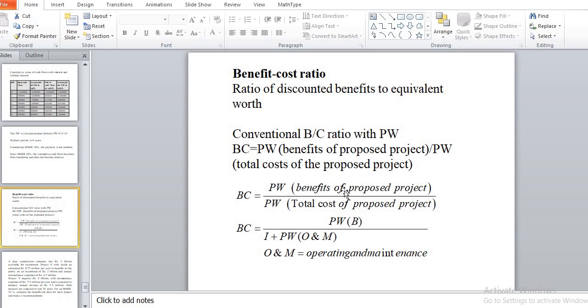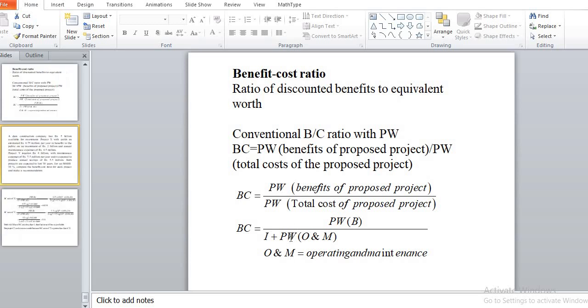And many times these benefits are considered by removing this particular value, the operating and maintenance cost.